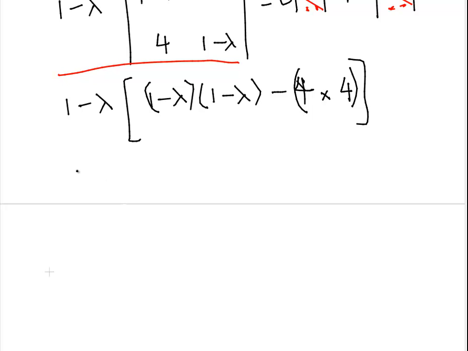That's 1 minus lambda by 1 plus 2 lambda, minus 2 lambda, plus lambda squared, and minus 16.